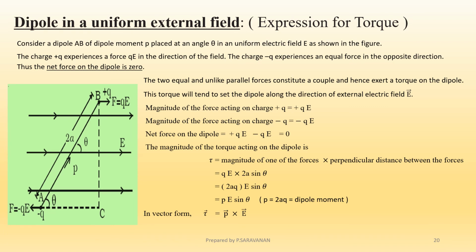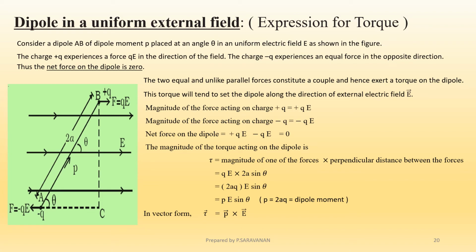Students, when a single point charge is placed in an external electric field, it will experience a force and it will either move along the direction of the field or opposite to the direction of the field, depending upon whether it is a positive or negative charge.